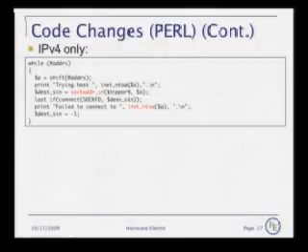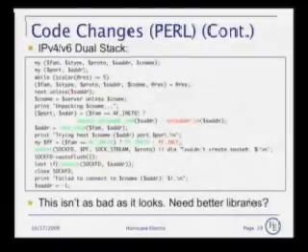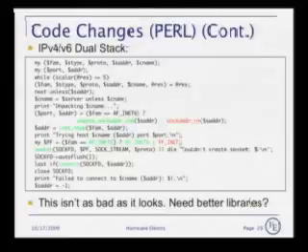Clearly I'm spending too much time on some of these slides. The IPv4 only version of the connection loop and the IPv4 v6 dual stack version of the connection loop. As you can see, there's a lot more content inside the connection loop. It's not as bad as it looks. Mostly it's stuff that was outside, got moved inside the loop because you don't know ahead of time which kind you're trying.